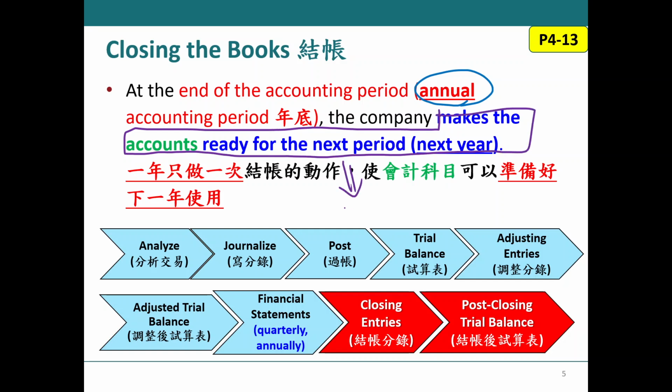Make some account ready for next year, okay? So it's not every account, only some accounts.